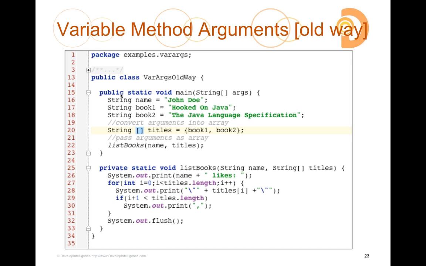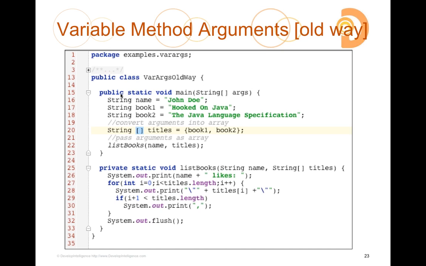Another nicety in standard Java 5 language features is the idea of a variable argument list. Prior to 1.5, if you wanted to create a method that took a variable number of arguments, meaning 0 through infinity, you as a developer would have to create a method and include in the method signature a variable that represented an array.